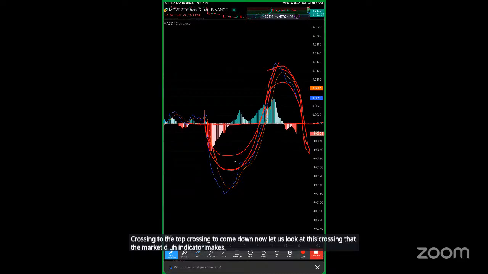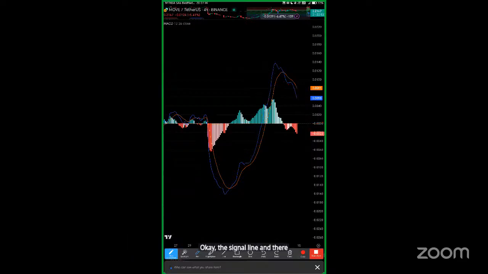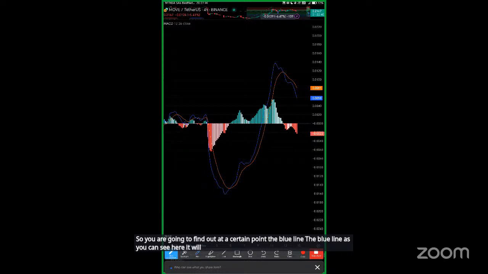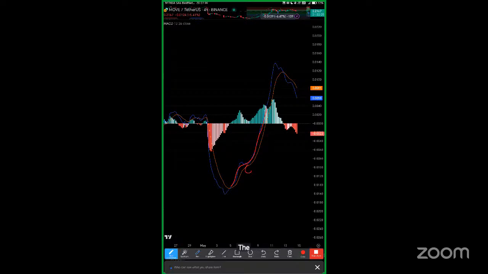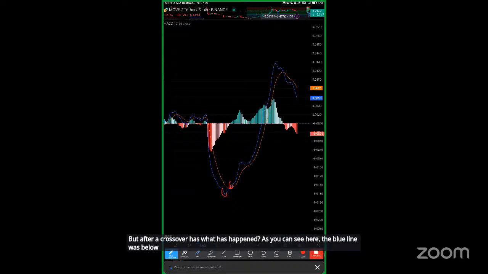Now, let us look at this crossing that the MACD indicator makes, the signal line and the MACD line. So you are going to find out at a certain point, the blue line will make a crossover. When it makes a crossover, it will be moving on top of the orange line, above it. The orange will be below, the blue line will be on top. As you can see here, the blue line was below, but it came and crossed the orange line, which is the signal line.